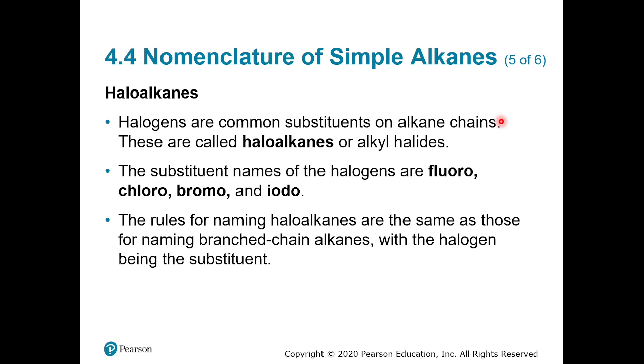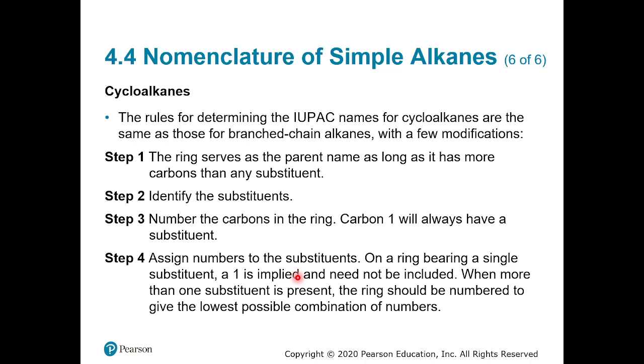They don't make any extra bonds. Cool. The rules for naming the haloalkanes are going to be the same as those for naming the branched alkanes, with the halogen being the substituent. And so we're just going to directly tack on a bromo, chloro, iodo, or fluoro. And that's going to be our prefix. Wherever those are located, that's going to be our numbering.